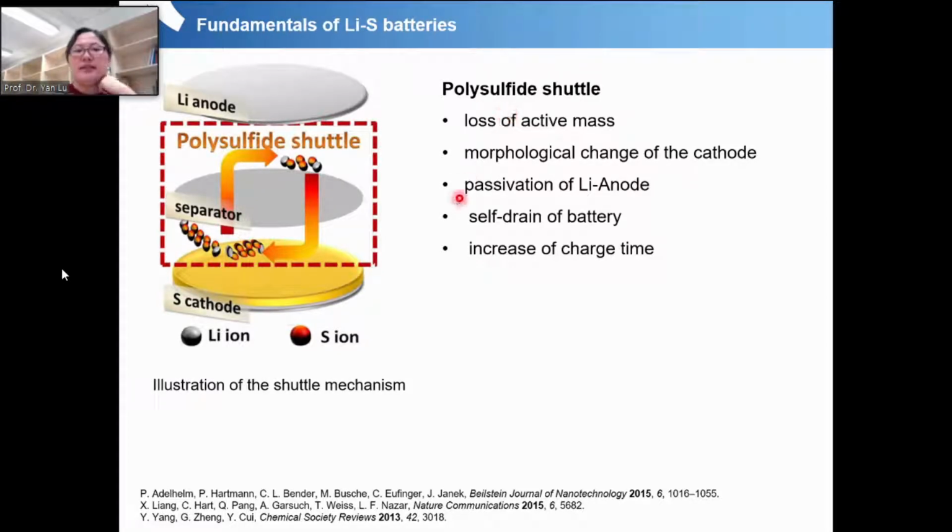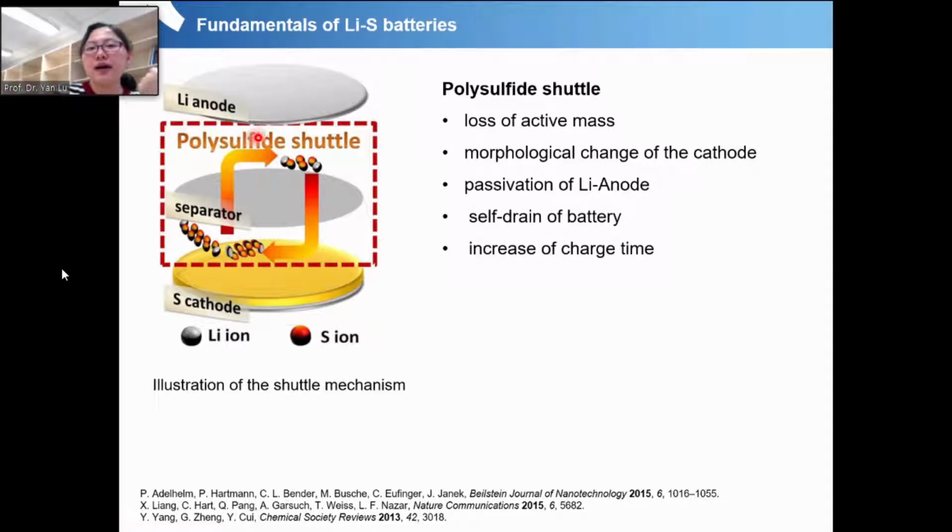In this case, because polysulfide is soluble in the electrolyte, it will go to the anode side. On one side, this will lead to the loss of active mass, because sulfur is the active material. If it goes to the anode side, you lose active material. And of course, because you lose this sulfur, you will get a change of the morphology on the cathode side.